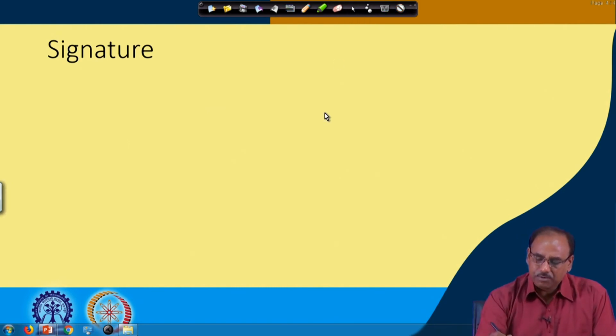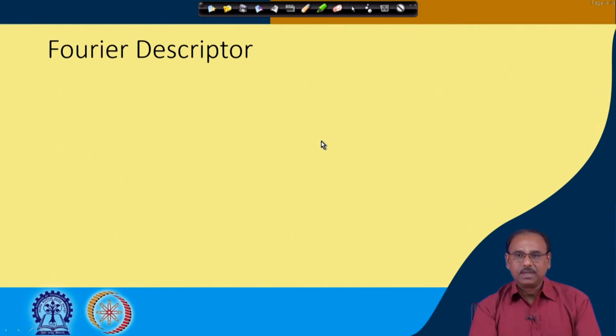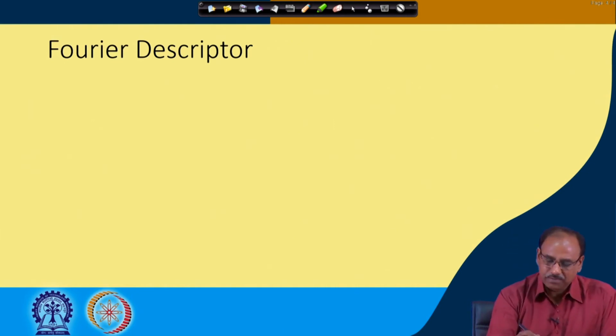The next type of features that we can obtain is what is known as Fourier descriptor. So, to obtain the Fourier descriptor, I hope all of you know what is a Fourier transformation or Fourier coefficients. So, to obtain Fourier descriptor, I represent the boundary points, the points on the boundary, as a sequence of, say, complex numbers. Let us see how we do it.